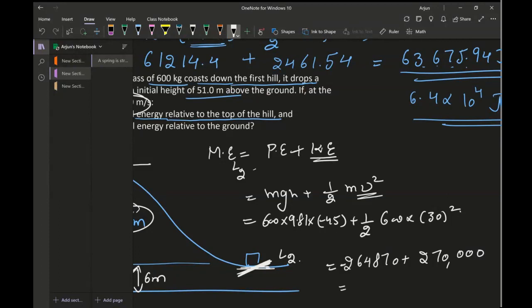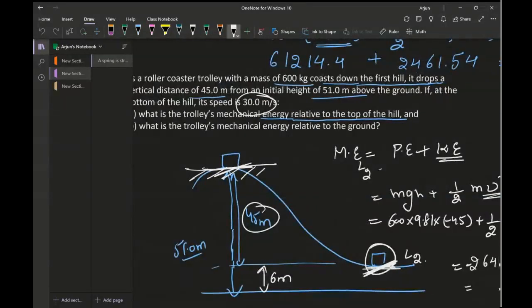I'm going to do the calculation one more time to make sure I am 100% correct. Minus 264870 plus 270,000, so we got 5130 joules of mechanical energy the object will have with respect to the top.